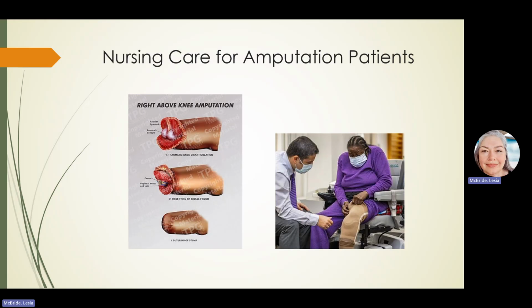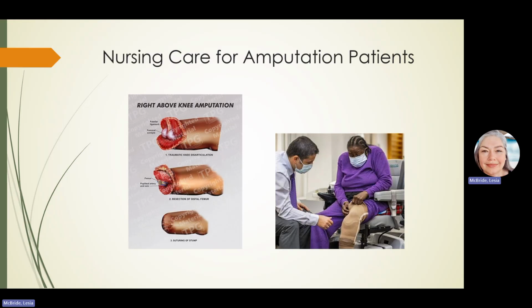Now, for our part, after they've had surgery, we're going to monitor them for signs of infection and complications, make sure that the bandages are applied as appropriate, that we're doing good skin care, and that we're repositioning the residual limb properly to prevent fractures. We want to make sure that the leg is extended.